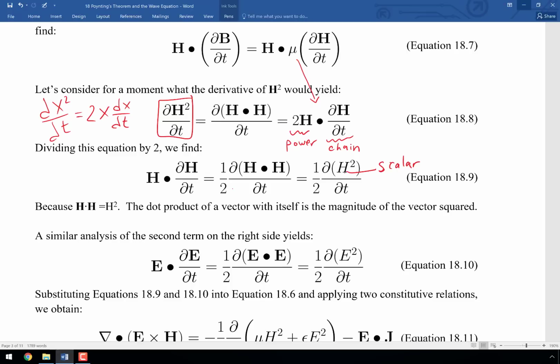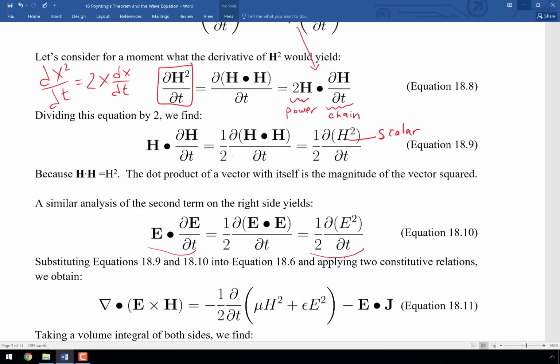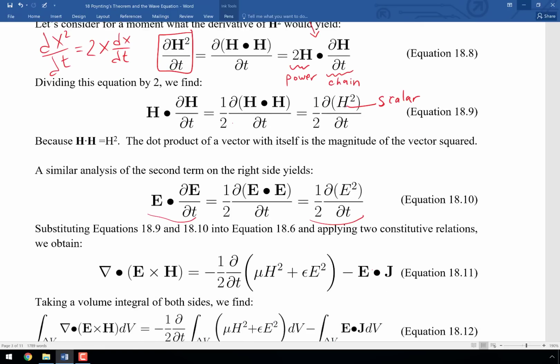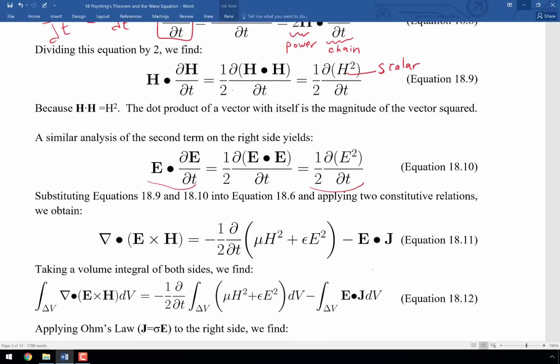So E dotted with dE/dt, and I know they're partial derivatives, is equal to 1/2 the partial with respect to time of E squared. So we can simplify the first term on the right-hand side substantially, but I wanted to take some time to dive deeply into both of those terms because it's not apparent where this 1/2 comes from if you don't really pay attention.